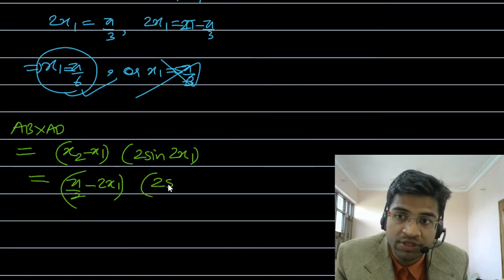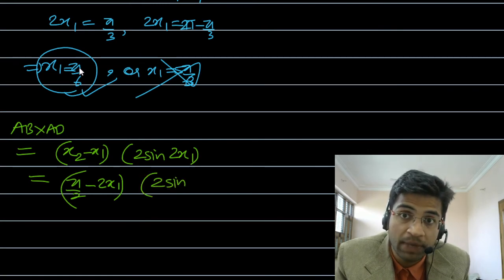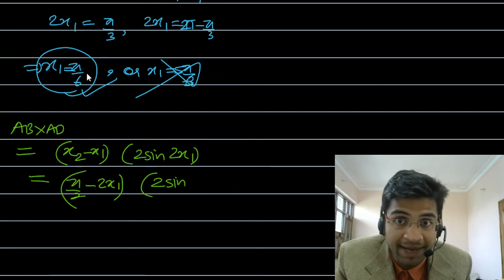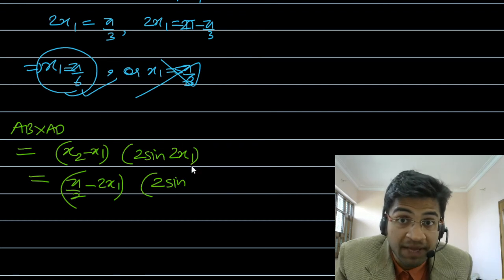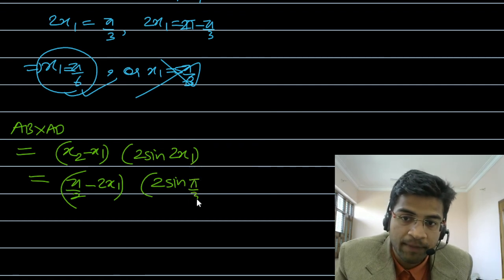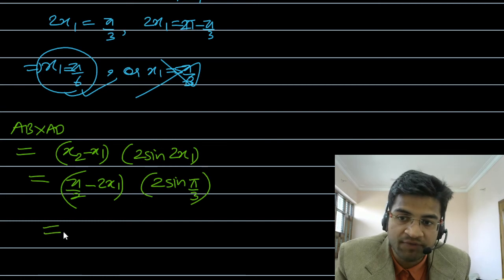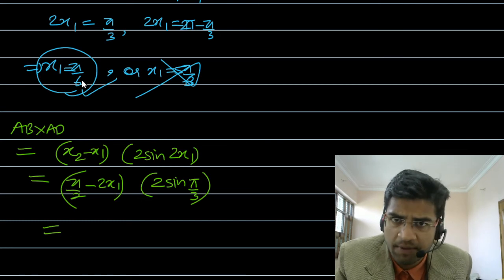If we replace x1 as pi by 6, then 2x1 will be pi by 3.